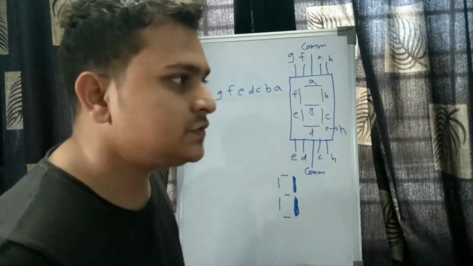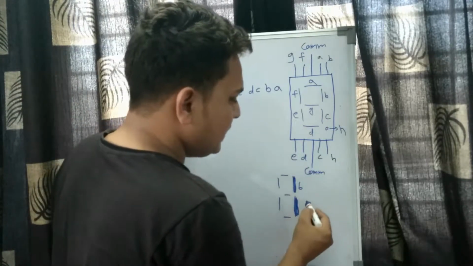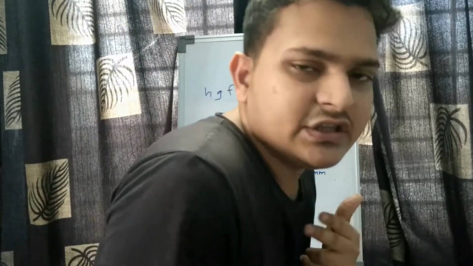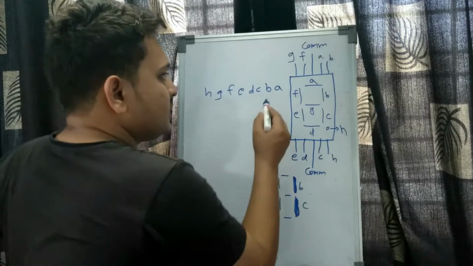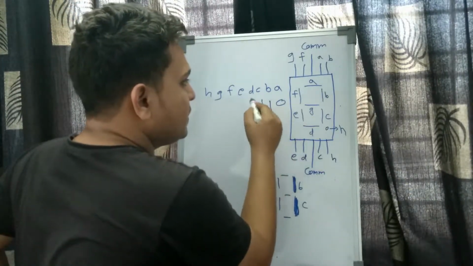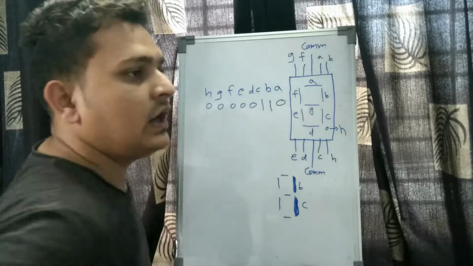You have to observe the names of these 2 LEDs. These are B and C. So in binary, you have to give a logic 1 to B and C. Suppose A is 0, B is 1, C is 1, and D, E, F, G, H are all 0.